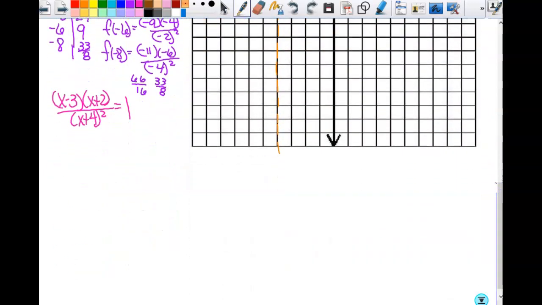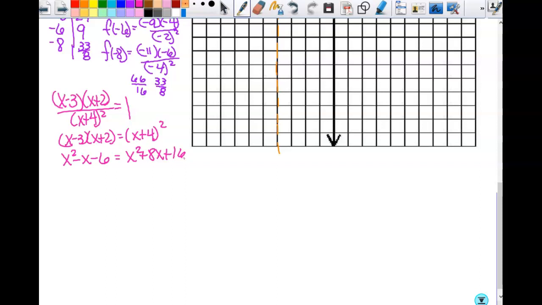I'm going to multiply both sides by x plus 4 squared. So we get x minus 3 times x plus 2 equals x plus 4 squared. The left-hand side is x squared minus x minus 6, and then x squared plus 8x plus 16. We shouldn't have to think real hard on that, right? Because we factored it to get that.